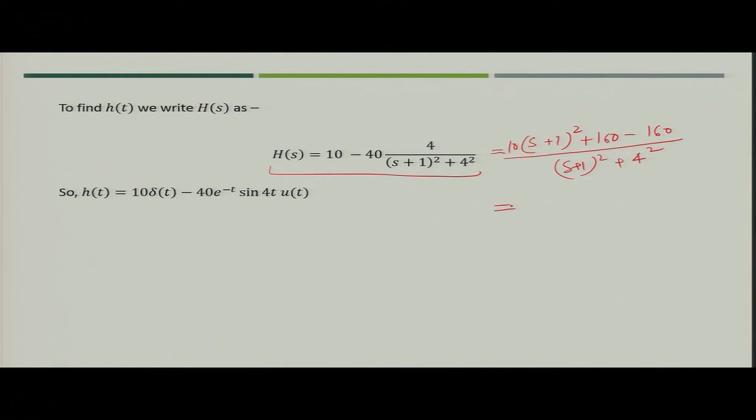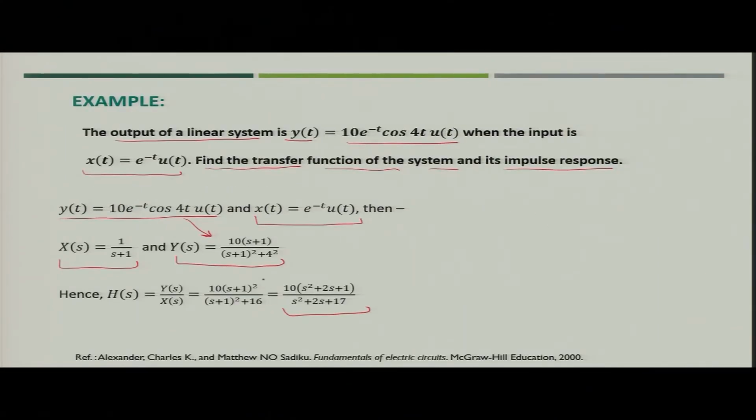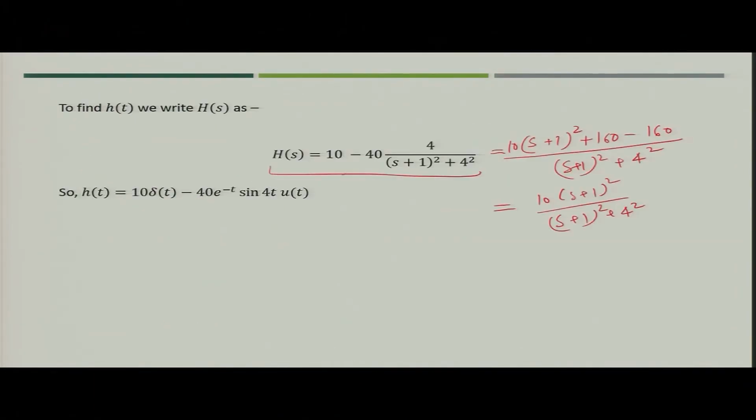Now, if you rearrange, it becomes 10 into (s+1)^2 upon (s+1)^2 + 4^2, which is nothing but our original transfer function. So, it means that 10 (s+1)^2 upon (s+1)^2 + 4^2 can be arranged in this form.